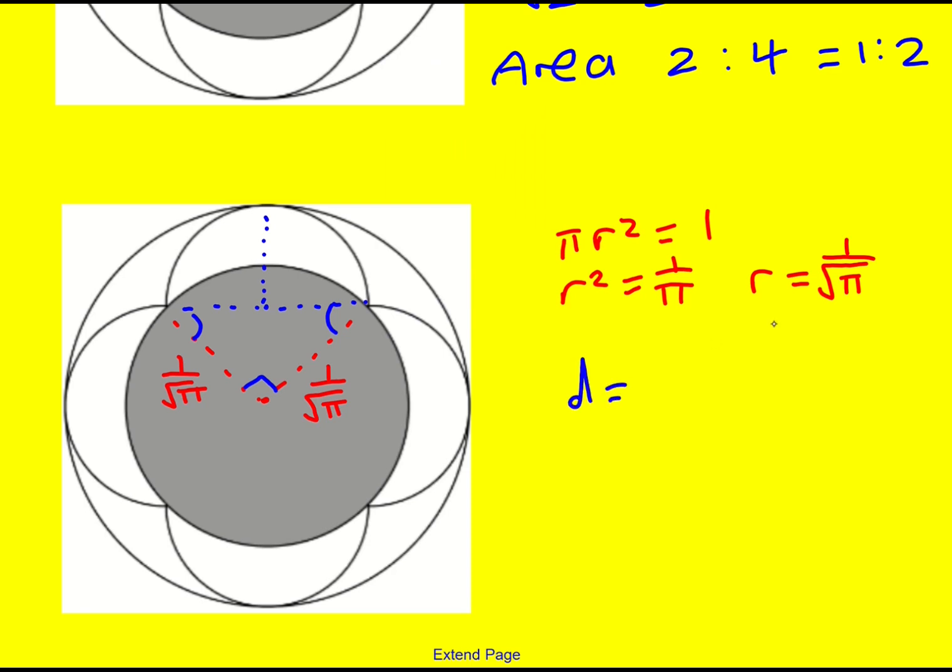Like I said before, we just times by root 2, so I'm going to get root 2 over root pi. This is for the semicircle. And that means the radius, I need to divide through by 2, which becomes 1 over root 2 pi. Because when I divide through by 2, it's the same as dividing through by root 2 twice. So if I divide through by root 2 once, I get 1 over root pi again. Divide again, I get 1 over root 2 pi.